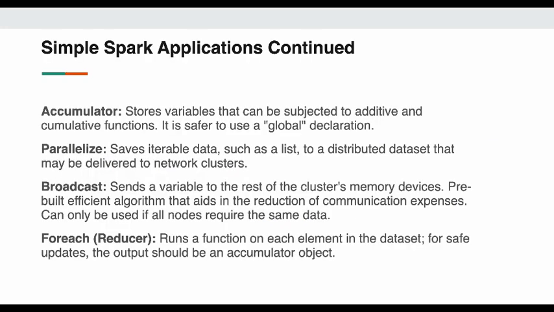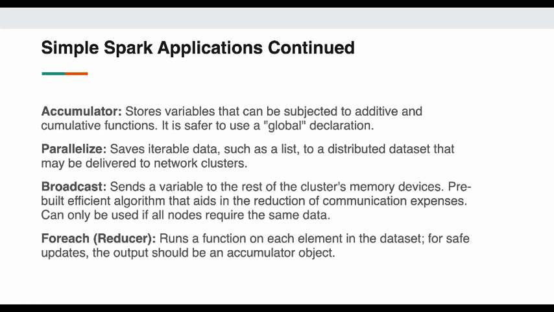Simple Spark applications continued. We have accumulator, parallelize, broadcast, and foreach, which is also called reducer. Accumulator stores variables that can be subjected to additive and cumulative functions. It is safer to use than a global declaration. Parallelize saves iterable data such as a list to a distributed dataset that may be delivered to network clusters.